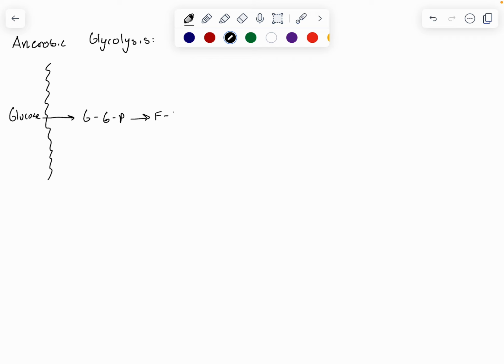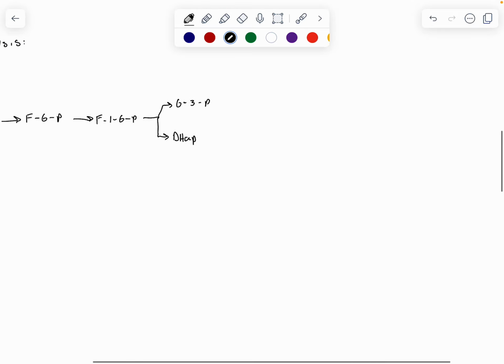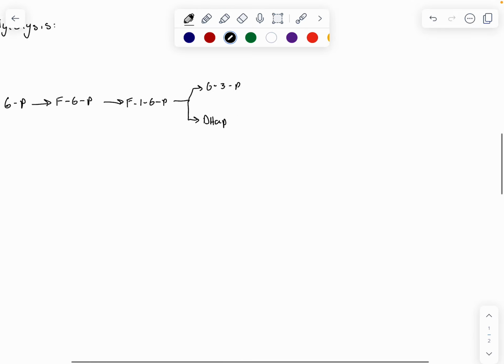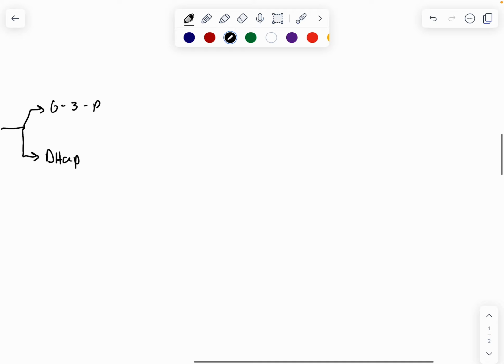G6P will go to F6P, eventually to F16P, and from here it will differentiate into G3P, and then DHAP, and then, I do have more room. I used a smaller font so I can actually have full room to go through everything.